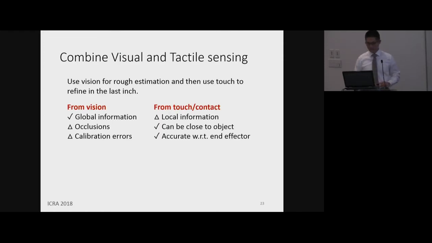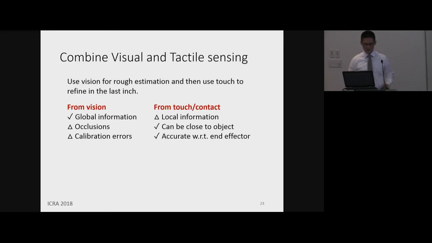So before diving into the details, I want to compare what we can gain from visual and tactile sensing. We want to promote using vision for the rough estimation and then using touch to refine in the last inch. From vision, the visual sensor can provide very good, rich global information. But when occlusion exists, the vision is of little use.